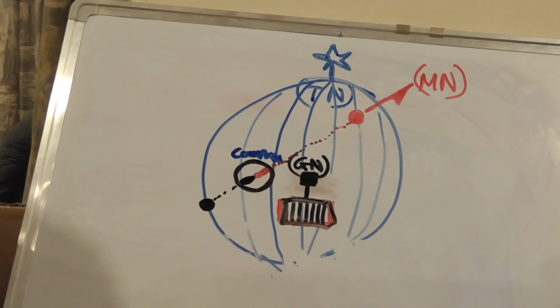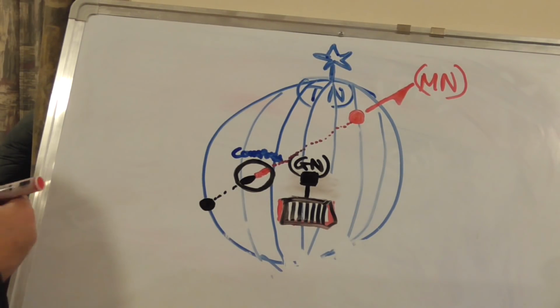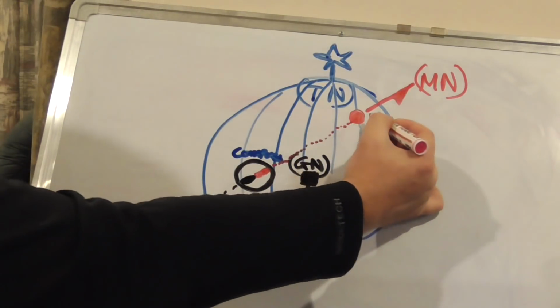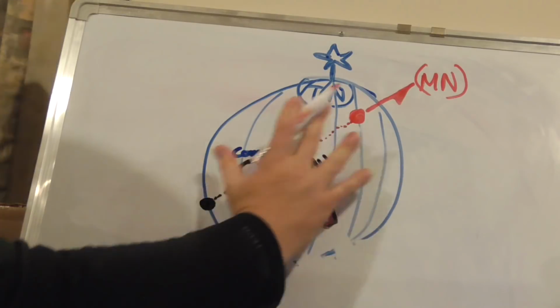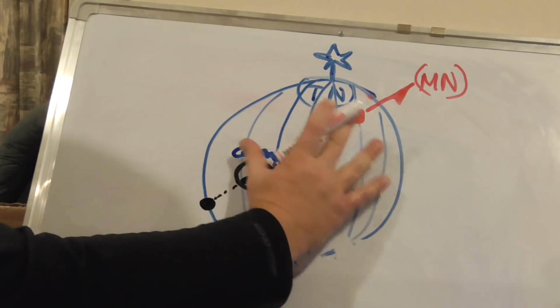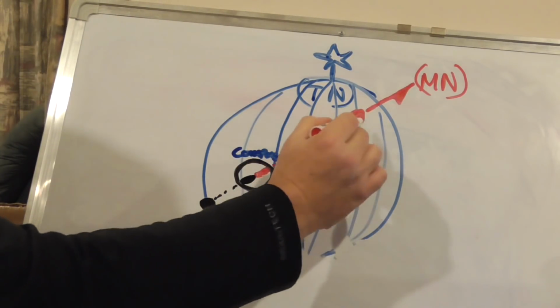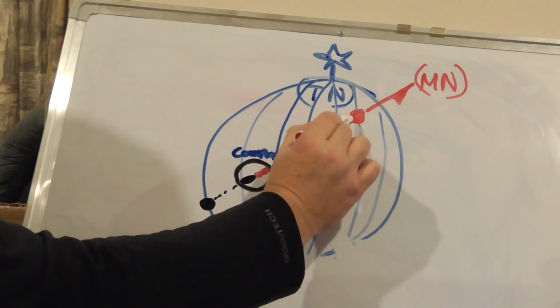And that magnetic field comes out of the Earth, planet Earth, here. That's where the magnetic field comes from. Magnetic energy comes out of the planet and it goes around the planet.